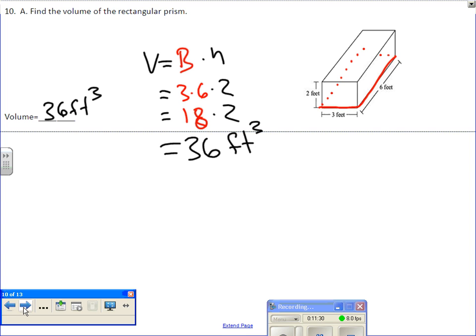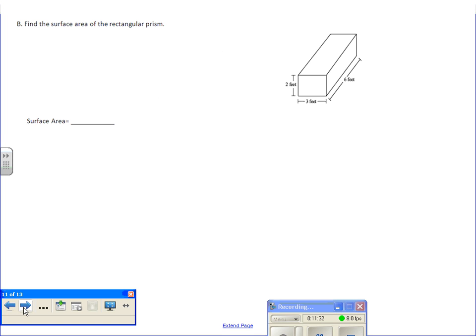So moving on here. All right, so now this is going to be a little bit more work. So we're going to find the surface area of this thing. So we're going to start out, you could draw a net of this thing if that's going to help you keep track. Or if you can keep track of each of the faces, you can do that.